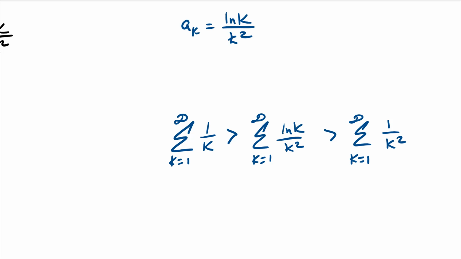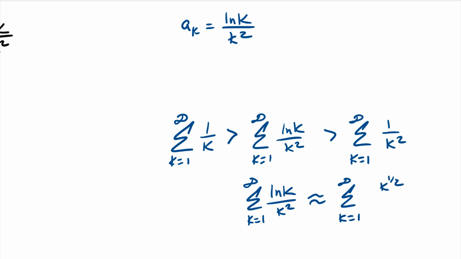So what I'd like to think of this as is something we can make it approximately equal to. If you ever have that ln of k up here, we can say, let's make it approximately equal to k to the 1/2 over k squared.